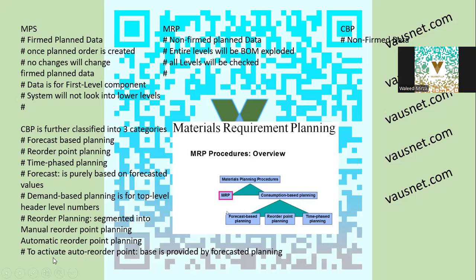Automatic reorder, of course, is when the system will auto generate. To activate auto reorder point, the base is provided by forecasted planning. So we have three parts for forecast-based planning, reorder point, and time-phased planning.